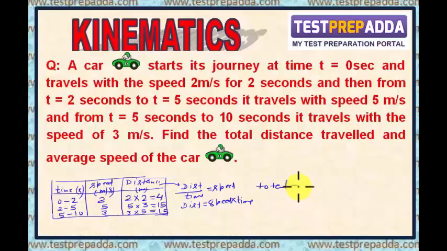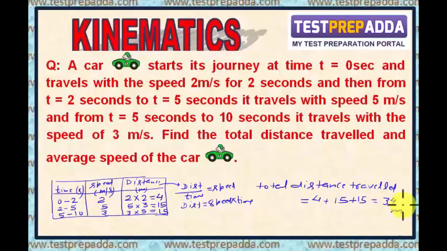Total distance traveled is equal to 4 plus 15 plus 15, and that comes as 34 meter.